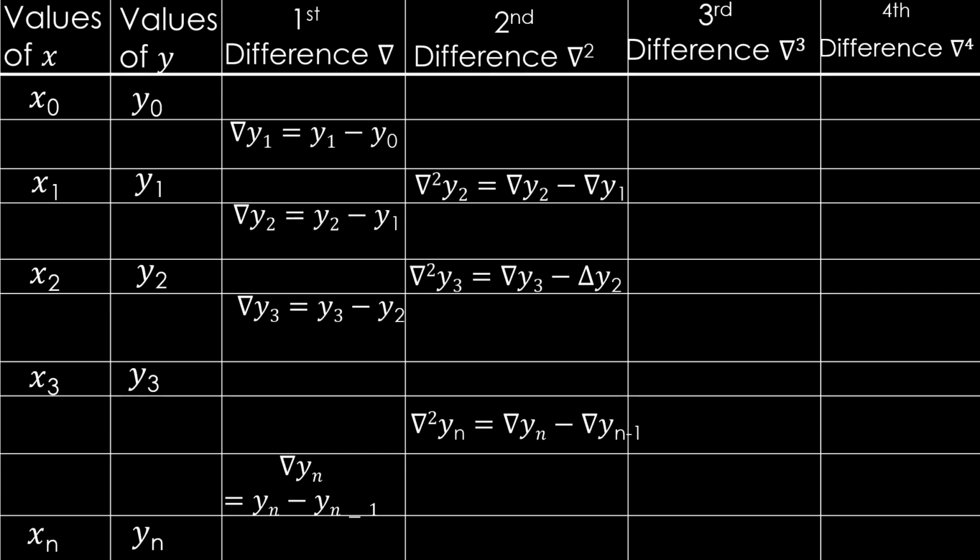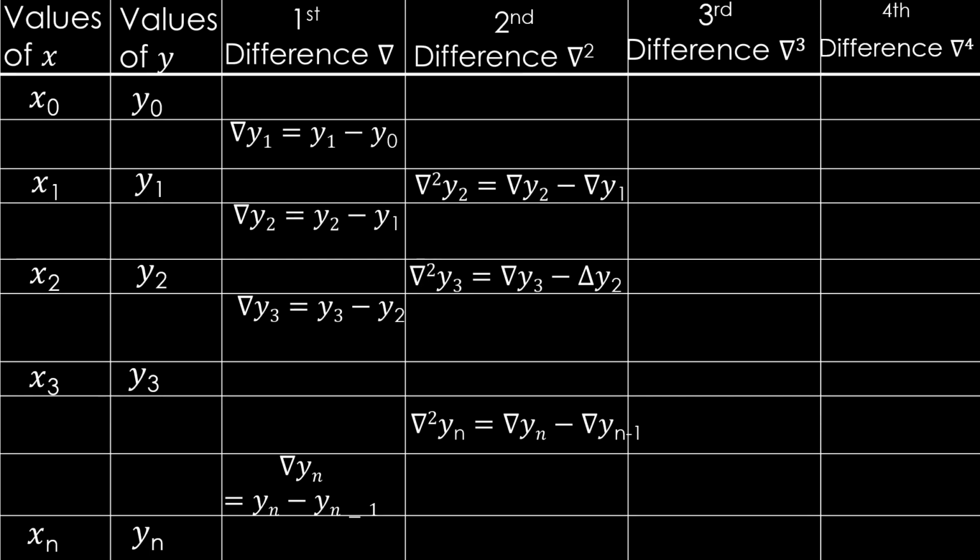Then there will be no further second difference. The first difference in the backward table ends with del y1, whereas the second difference ends with del square y2. We will not get del square y1, right?